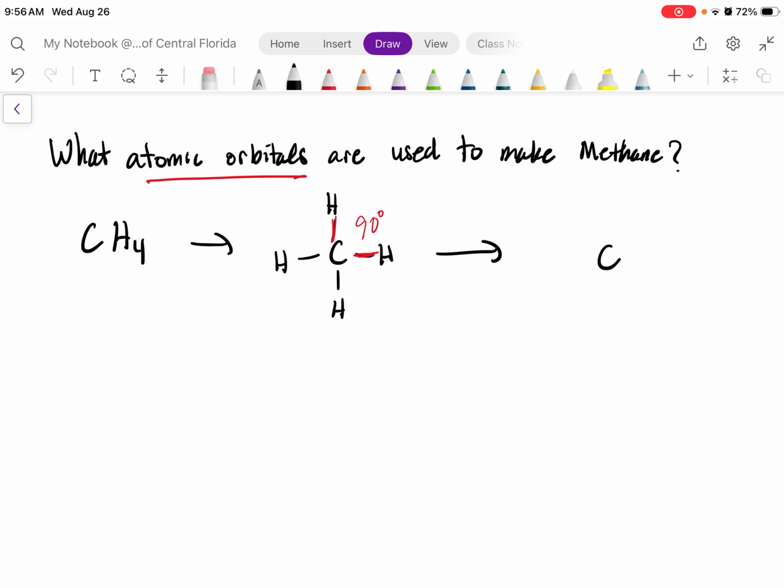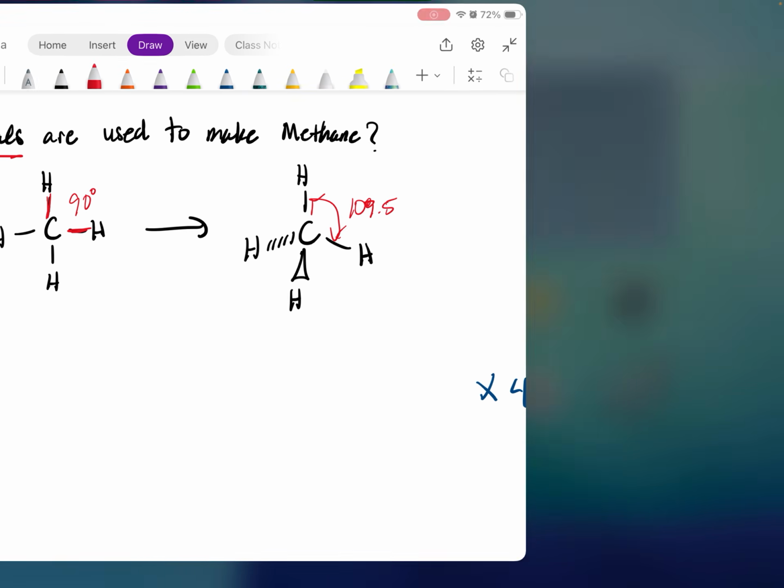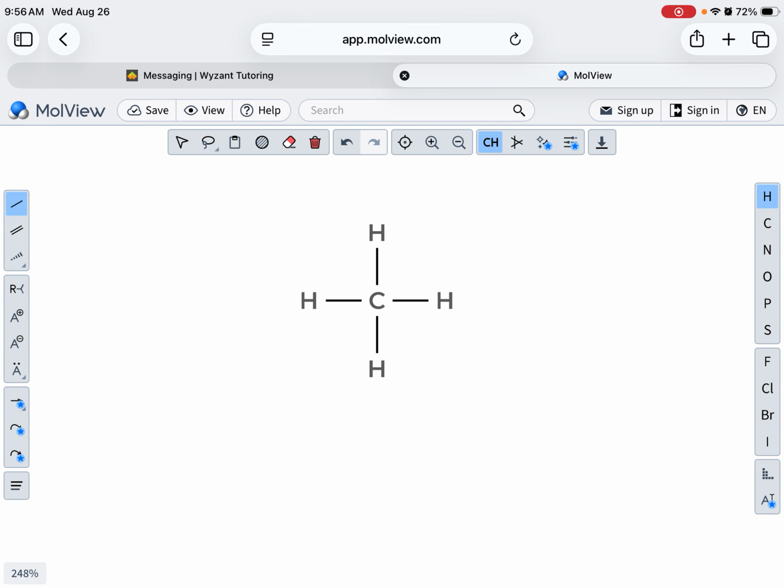So carbon actually does a tetrahedral geometry that looks like this. And now this bond angle between those two bonds right there is going to be 109.5. So this program here allows us to take a look at that.